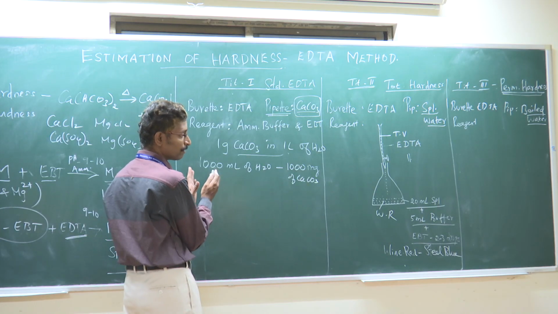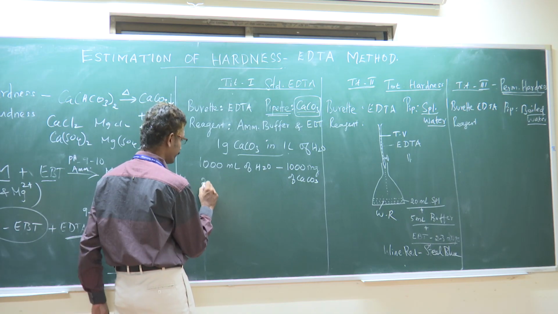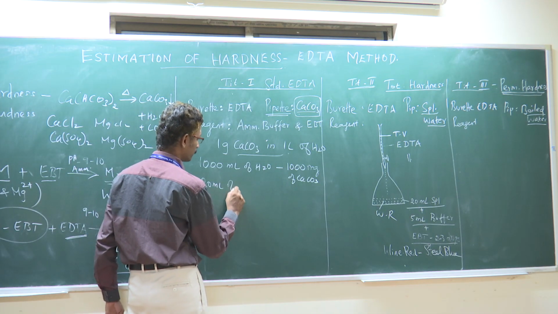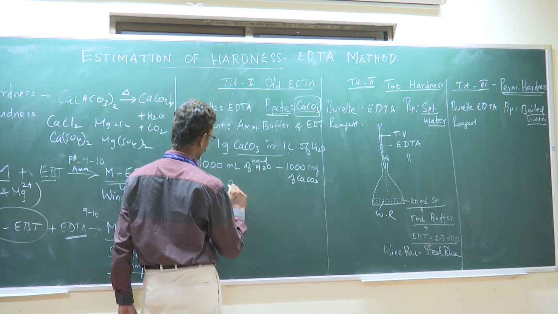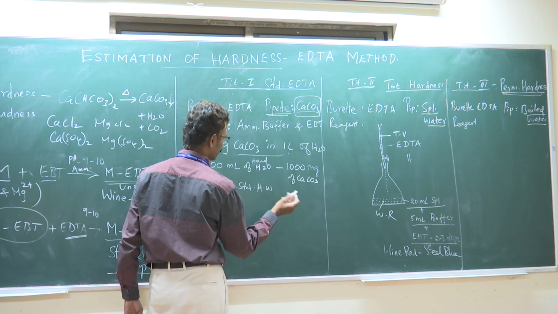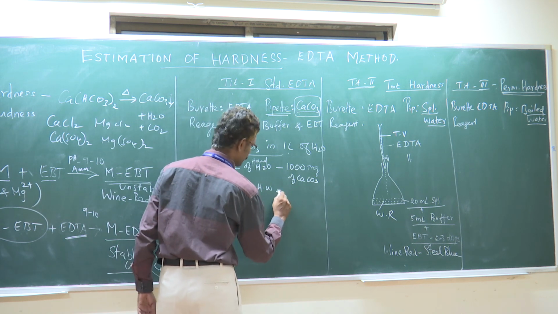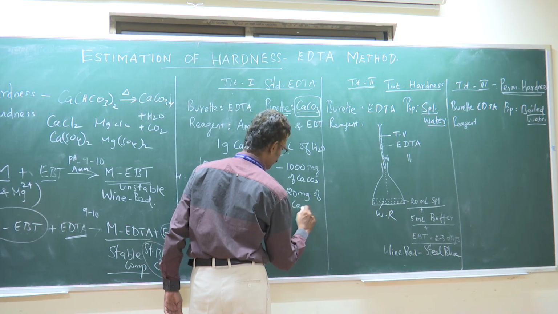How much quantity have we pipetted out? 20 ml. So 20 ml of standard hard water is equal to 20 milligram of calcium carbonate.